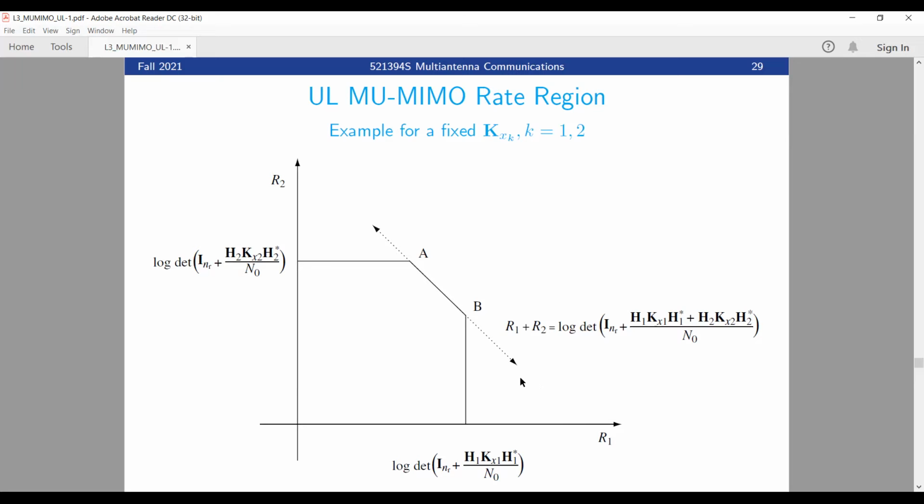So basically, it defines another line. In principle you could have an R1 plus R2 point over here. This would be the maximum R1 plus R2 from the sum rate perspective, but this would be infeasible because R1 is bounded by this one. So now we have this intersection of 3 constraints, which gives that pentagon.